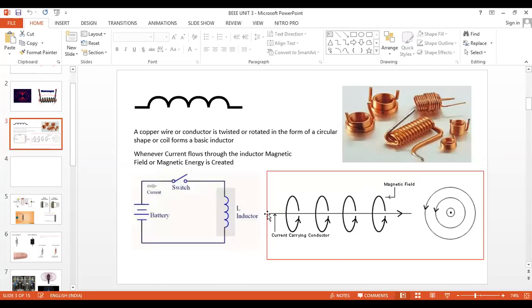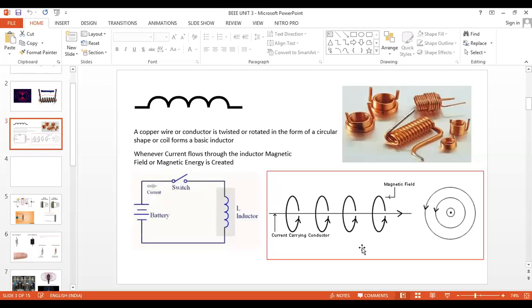Whenever current flows through a wire, a conductor, this horizontal line is called the conductor or copper wire, which I have shown you initially. Now we have already assumed the definition of current.